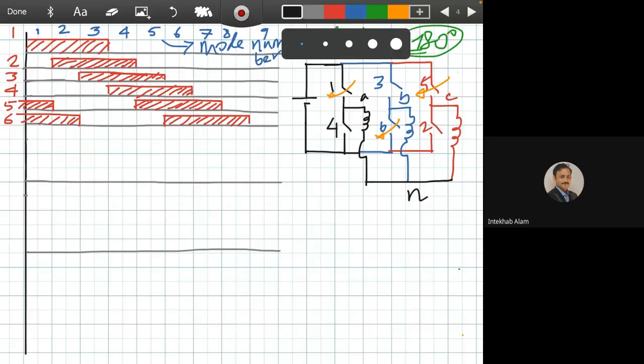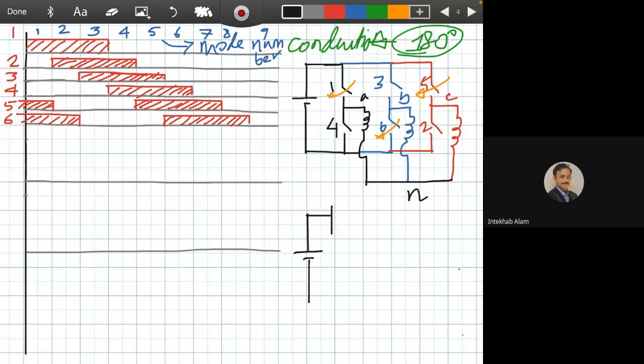So we are drawing the V in, we are drawing two switches.